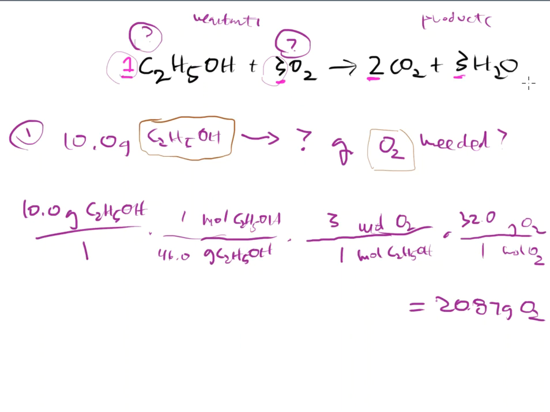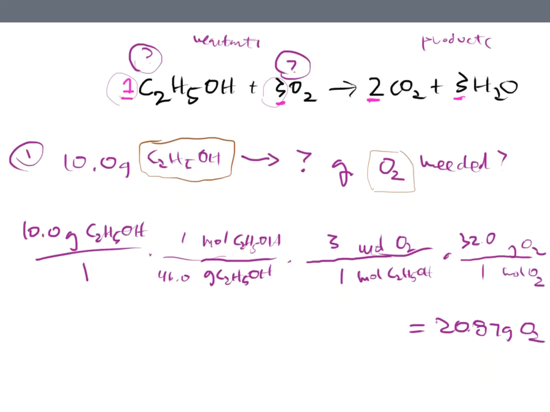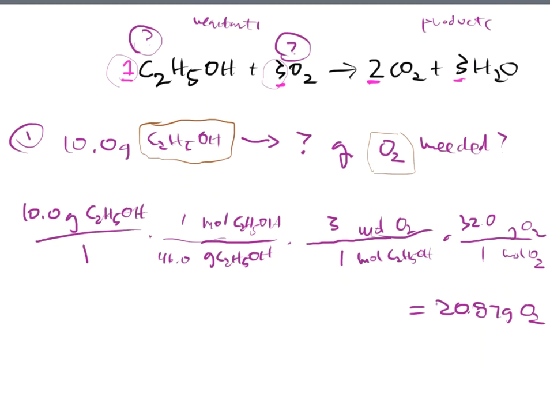Theory yield, percent yields, all of these other terms that we're getting ready to talk about, folks, it's the same thing. There's no difference, except we're mostly focused on the products every single time that we do these questions. So for that reason, I'm going to circle the products.